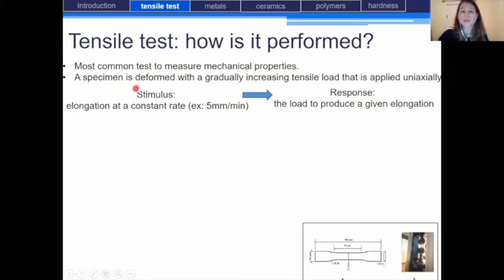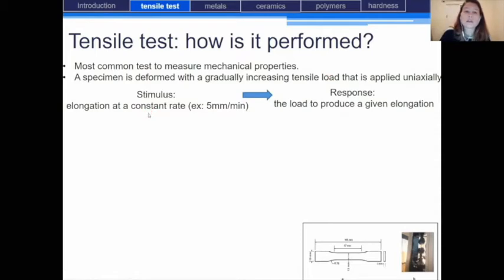And so this specimen will be deformed with a gradually increasing tensile load that is applied uniaxially. So do you remember that when we are talking about tensile load, we are talking about tension. So in that case, we will apply the load on one axis.